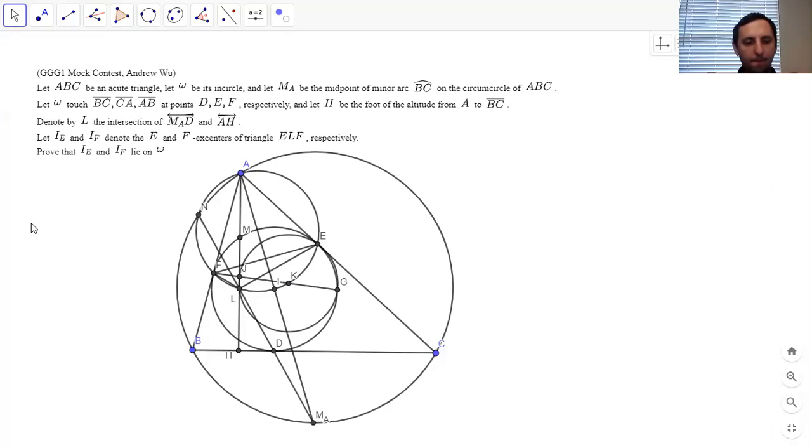Okay, so basically I drew the angle bisector of EFL. I let it meet AH at J. And I wanted to show that J is the incenter of FLE.